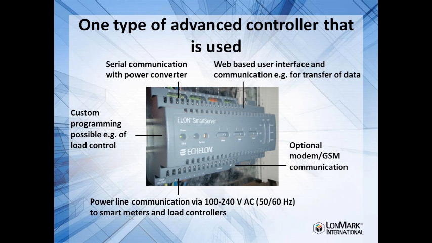So power line communication via 100 to 240 volt AC, 50 or 60 hertz, is possible. So you can use it with low voltage networks worldwide. This can be used to communicate, for example, to smart meters and load controllers, as you have seen before.